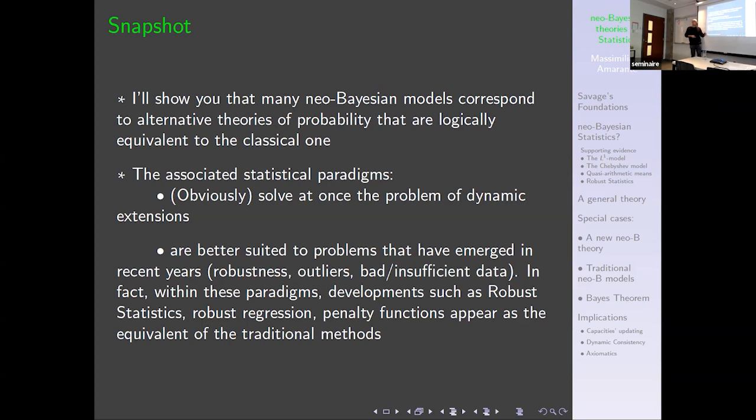So in particular, this will be the case for robust statistics, robust regression, penalty functions, etc. You will see them popping out pretty rapidly. If you make the effort to associate these things that probably you have seen, you will make the link pretty easily.